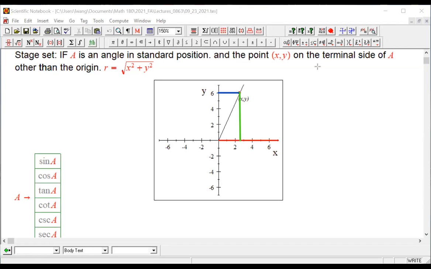Let me mark the x. I will try to make it color toned. The green is y, the blue is x. And this piece is green as well. They're the same height, and this piece is x. Does everybody see that?